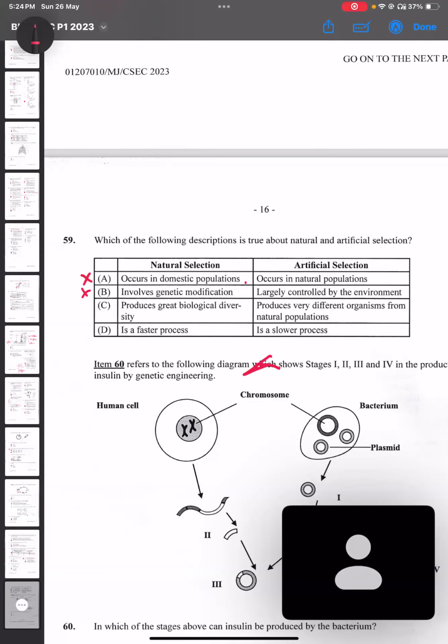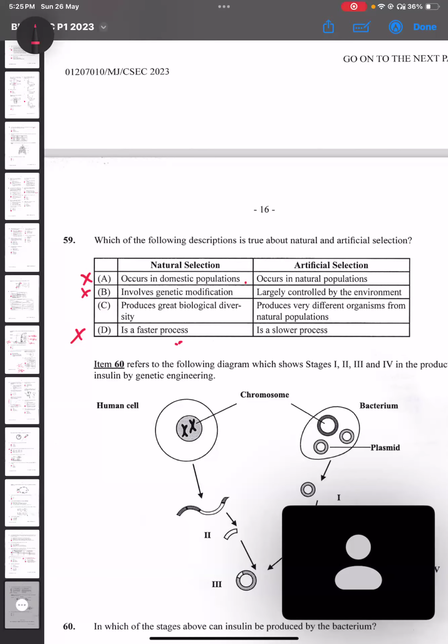It says natural selection is a faster process, but artificial selection is a slower process. It can't be this. Natural selection, while you do see it happening where you have certain organisms being able to reproduce, does take a longer time for you to see the results.